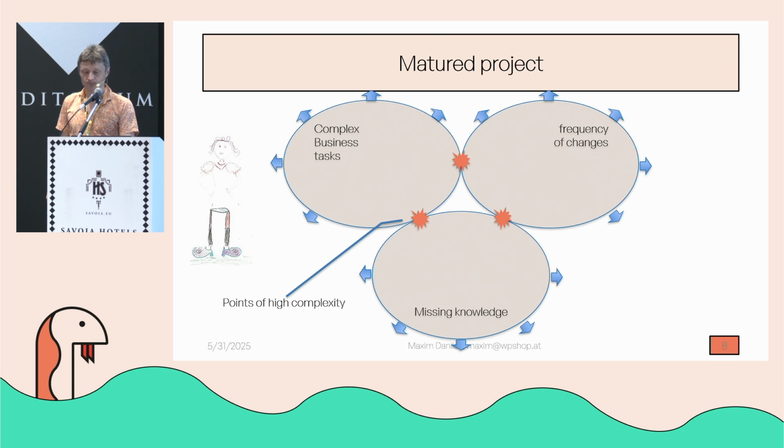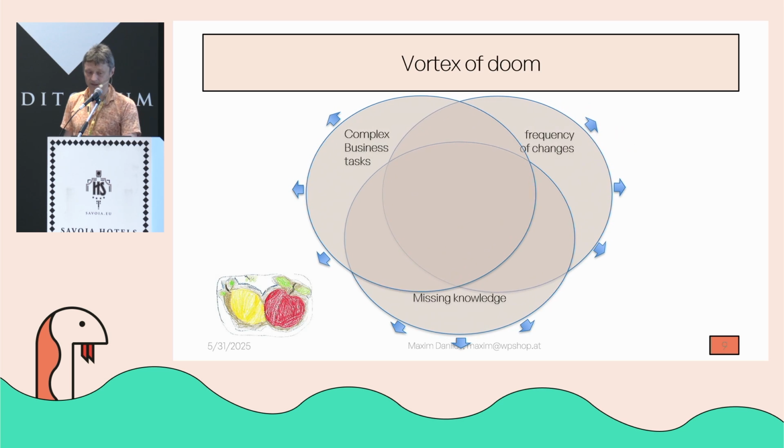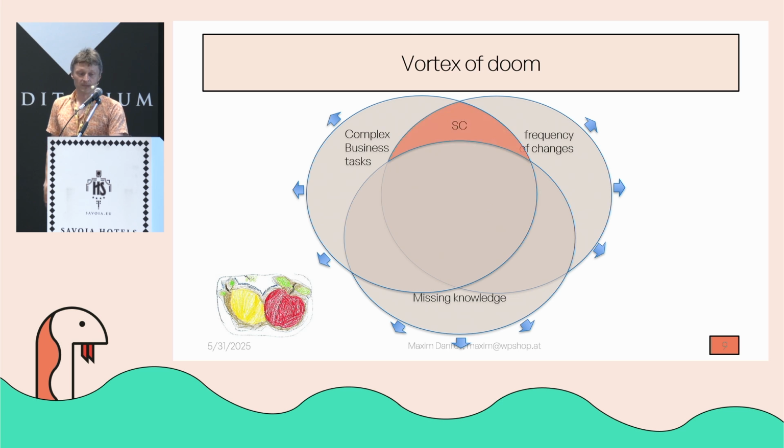Because in this moment, the complexity starts to clash together, and we can see growth of structural complexity if complex business tasks increase, the quantity of business tasks increases, and we should always put it in production. Structural complexity grows.